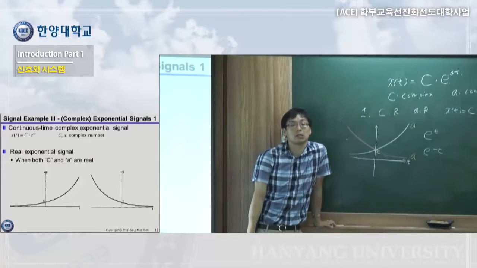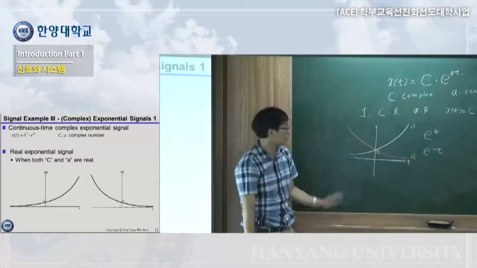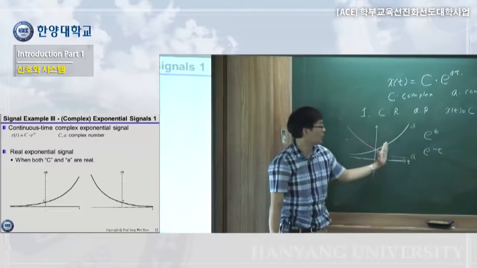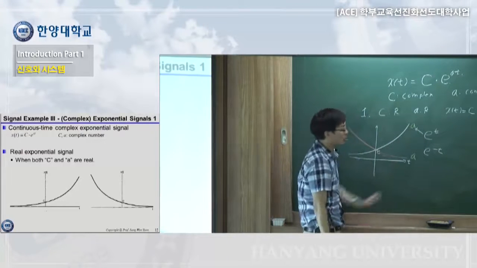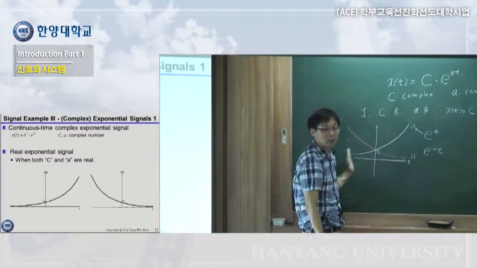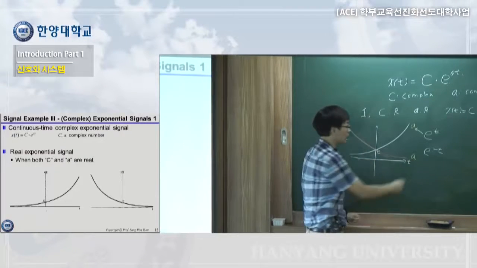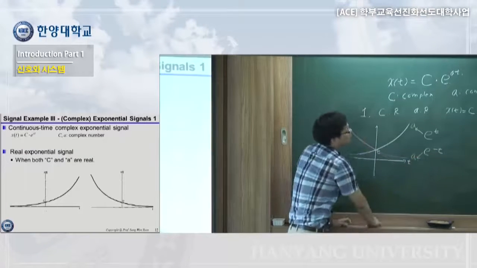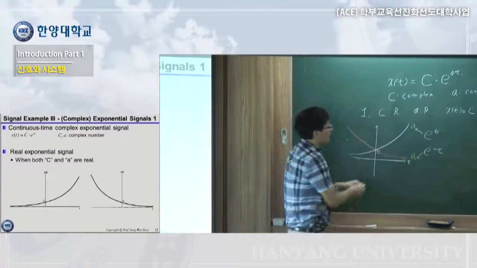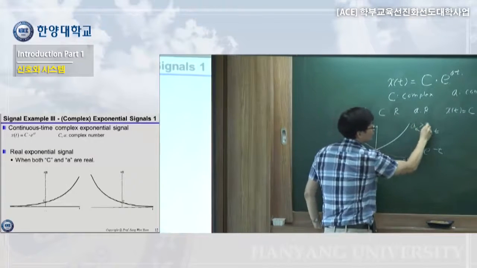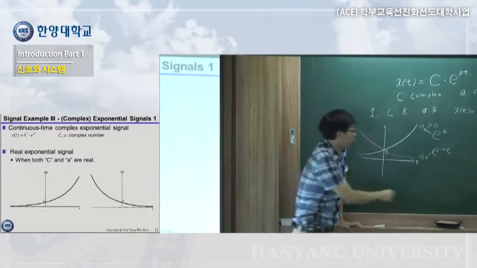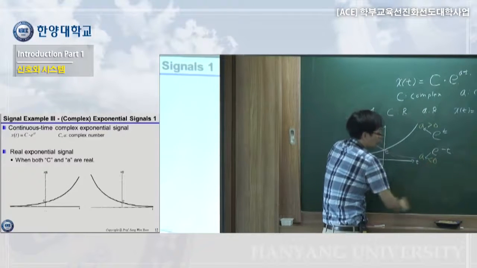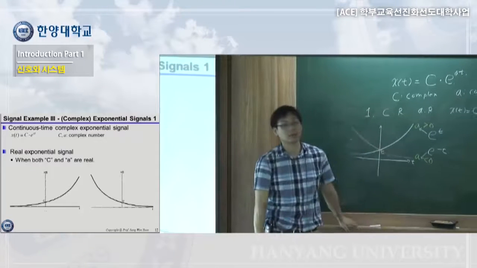How do they look? e^t keeps on increasing, so this white one goes up. e^(-t), when time goes, will decay, right? So this one goes to this red one. When A is greater than 0, they will go like that. When A is lower than 0, it's like this, right?